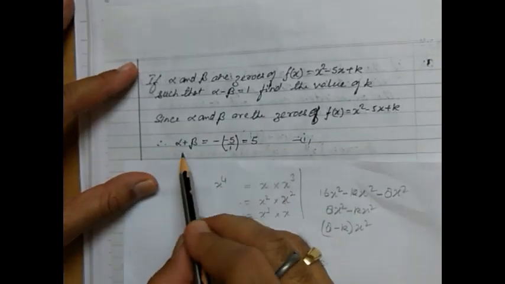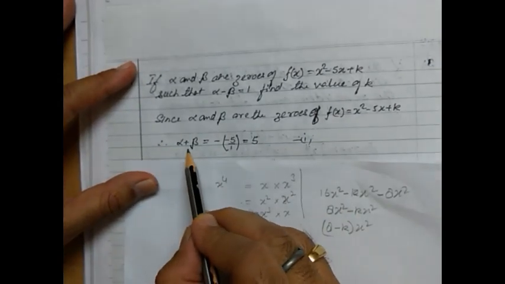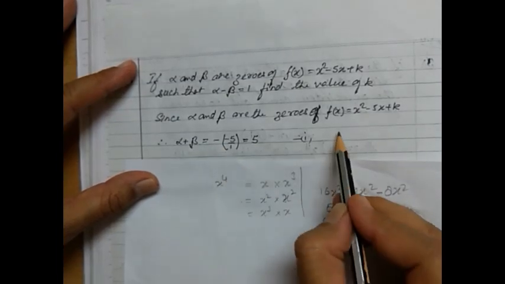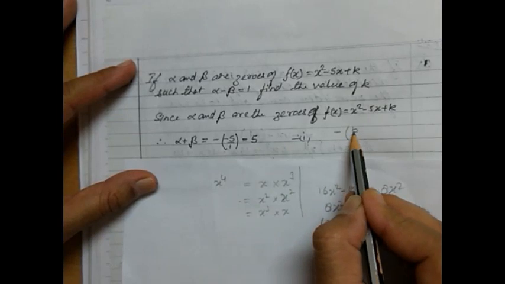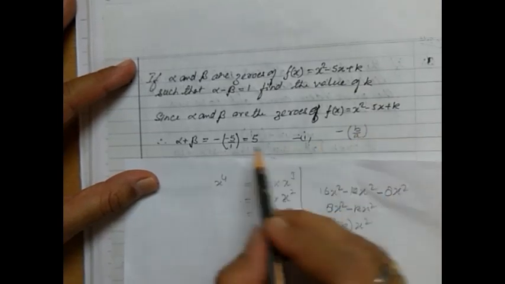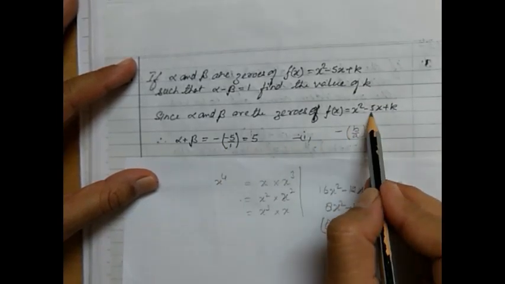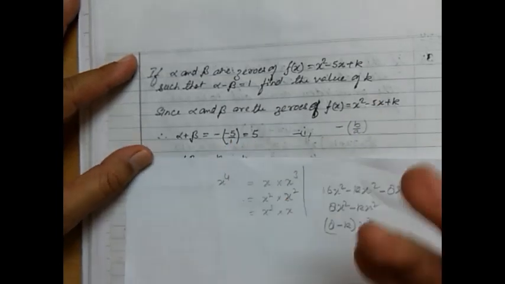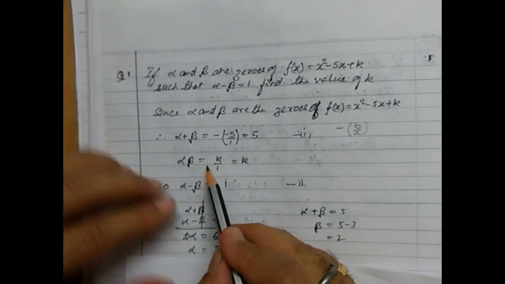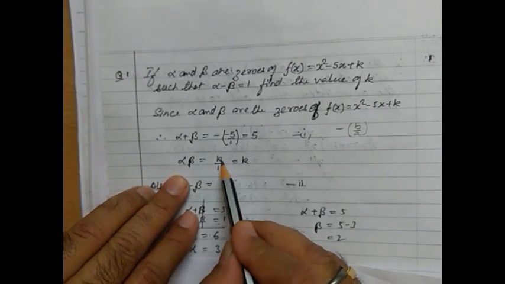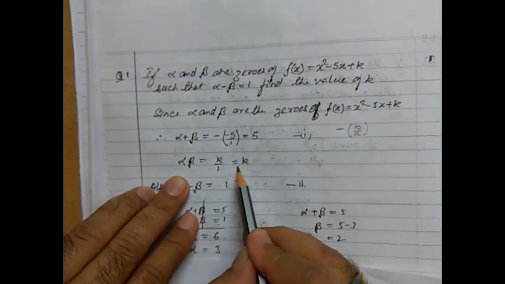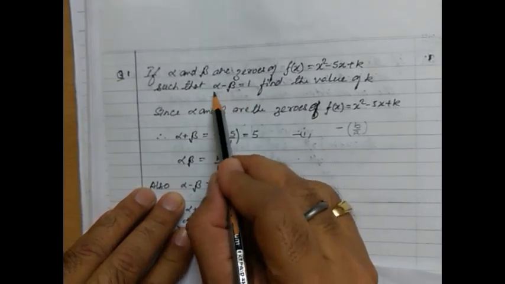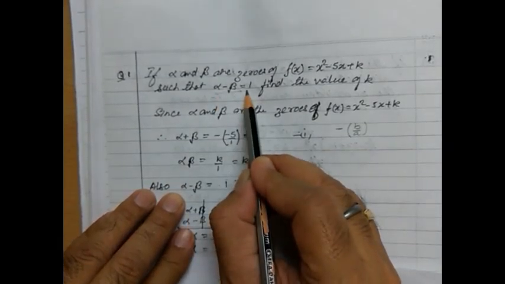The sum of zeros will be what? Sum of zeros, alpha plus beta, is equal to minus b upon a, we know that. So here b is minus 5, so minus of minus 5 upon 1 we are getting as 5. Now here alpha beta, that is the product of zeros, is k upon 1, that is equal to k. And here it is already given alpha minus beta is equal to 1.